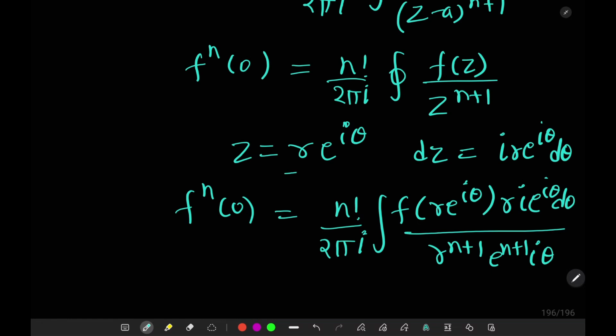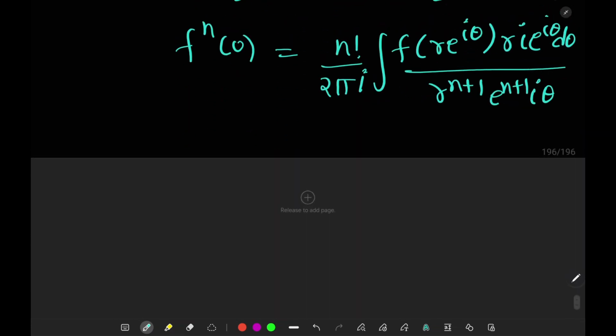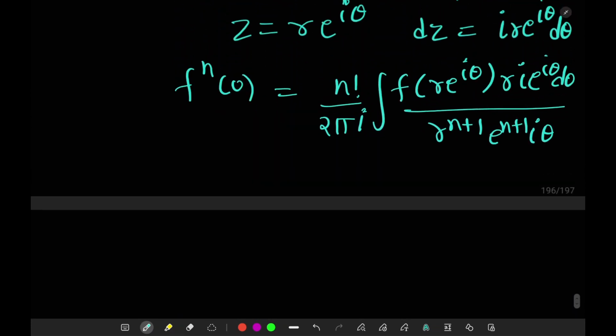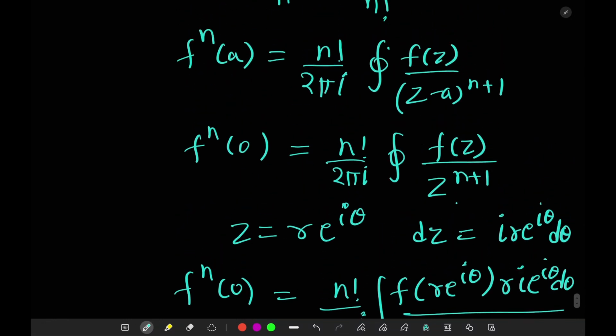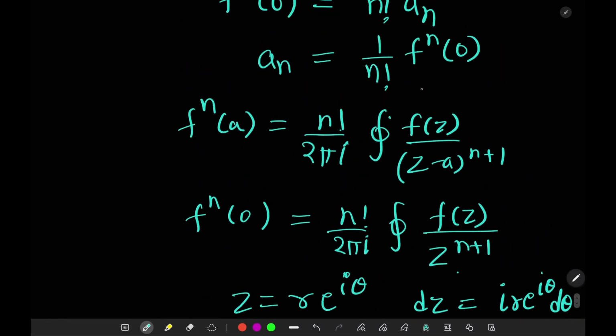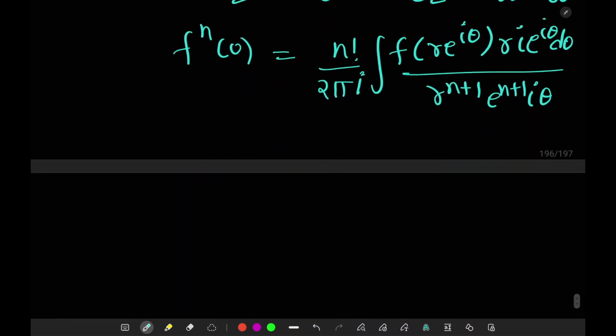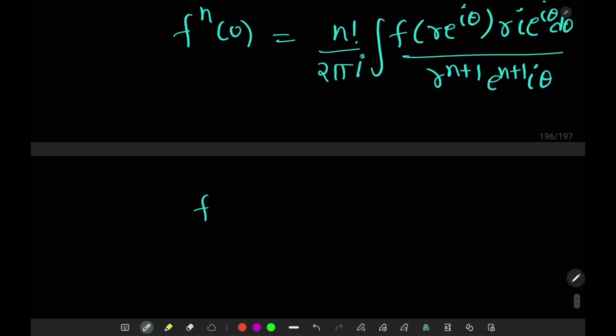Here we put the value of z in this, we get this value. Now here we find the value of a_n is equal to 1 by factorial n times the nth derivative of f(0). So first of all we use here Cauchy inequality.